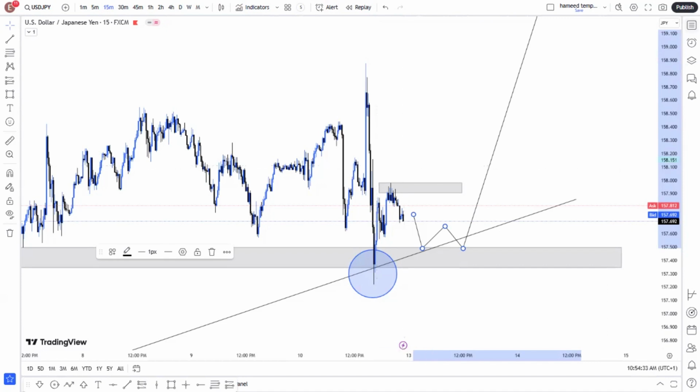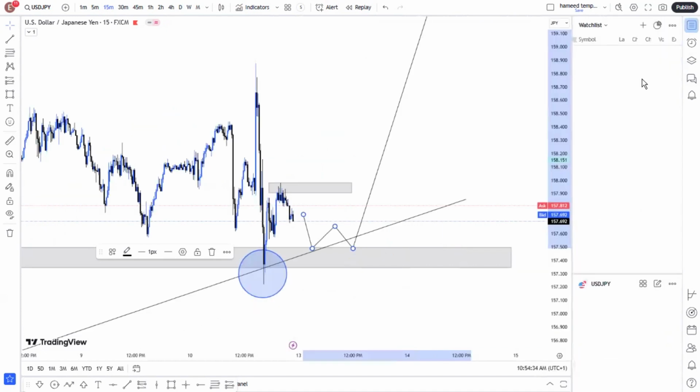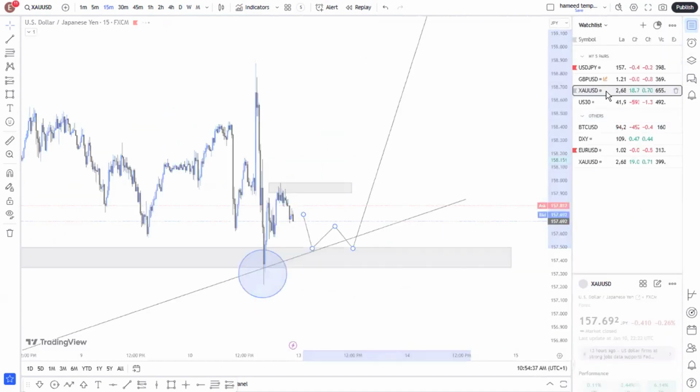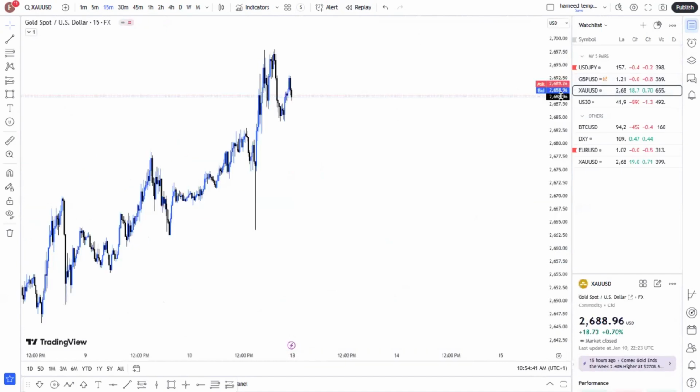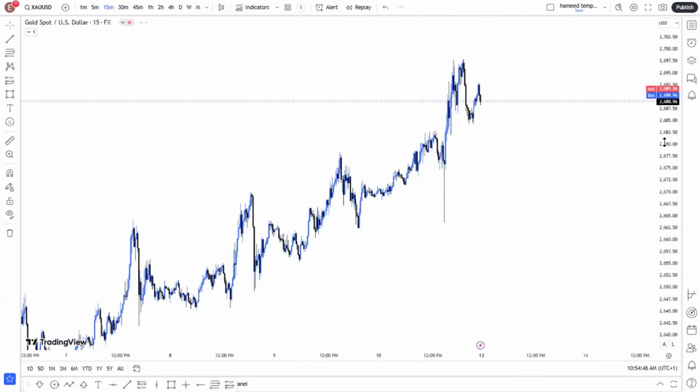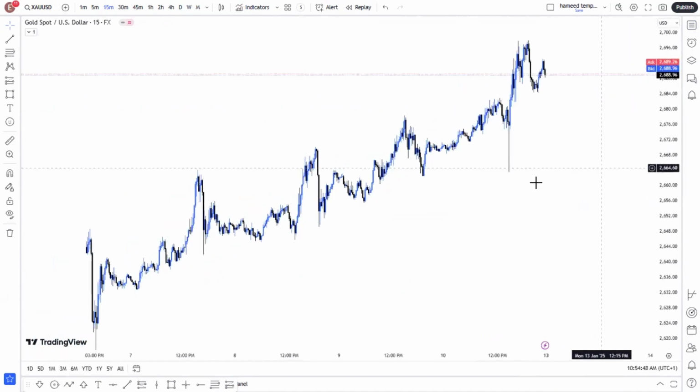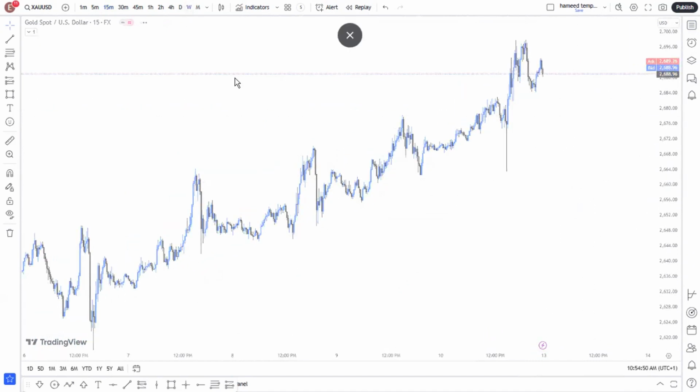Now let's go to XAUUSD. So here, let's go to weekly.